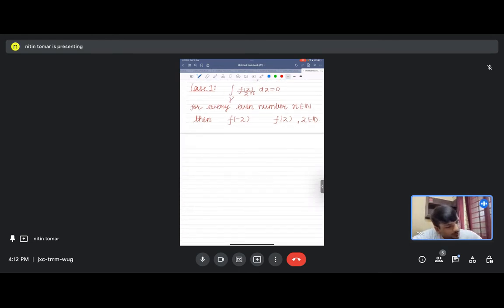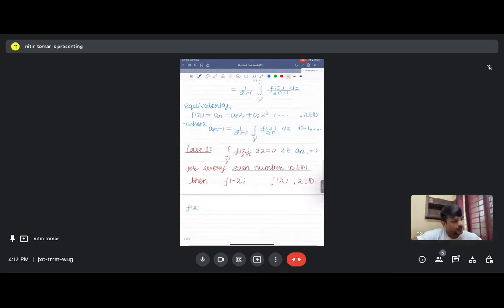Now, remember, this condition is the same as saying a_(n-1) is 0 for every even number n.